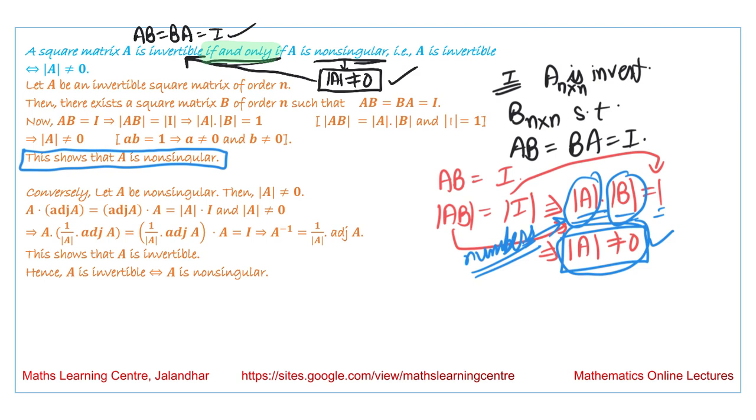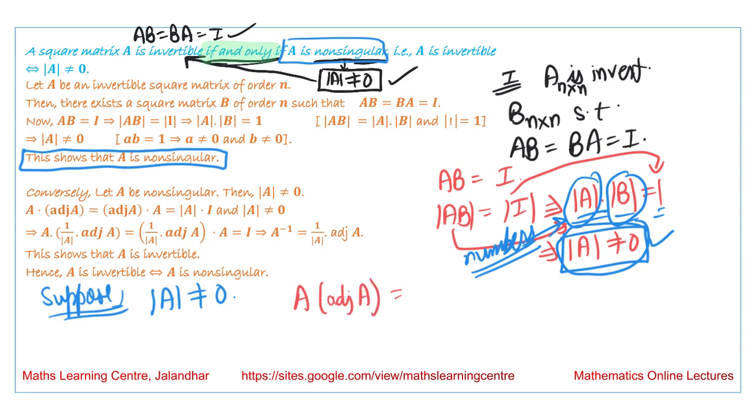Now we prove the converse part. Suppose the matrix A is non-singular, which means determinant of A is not equal to 0. Then from our previous theorem we know that A into adjoint A is equal to adjoint A into A, which is equal to determinant of A into I. Determinant of A is not equal to 0.